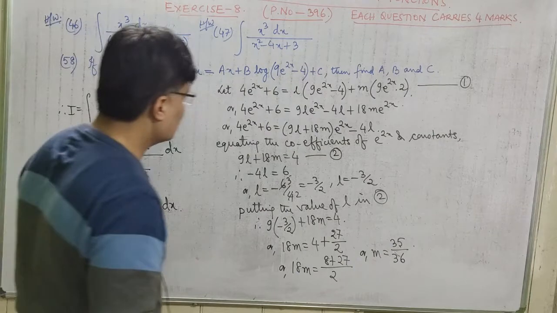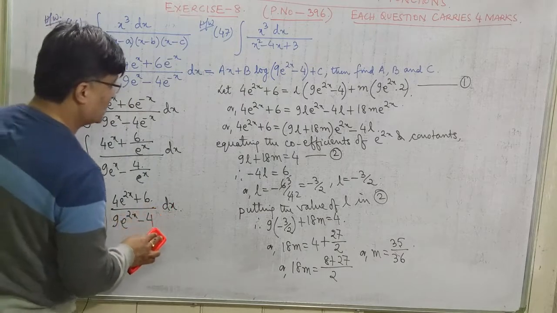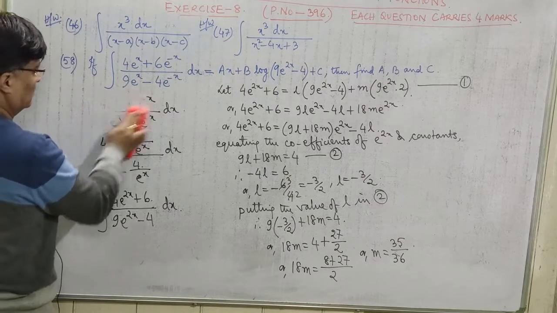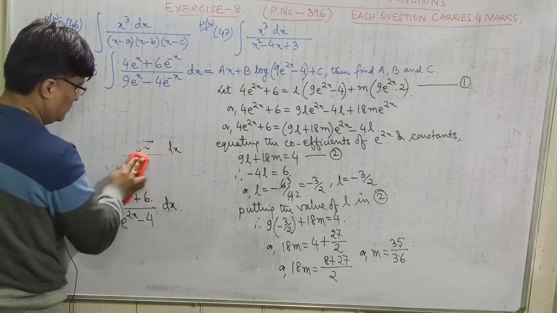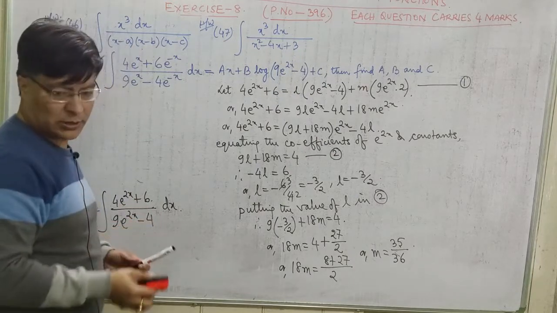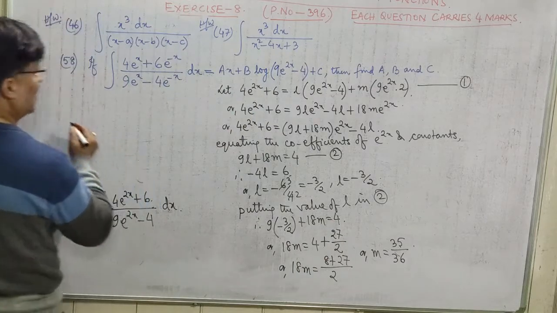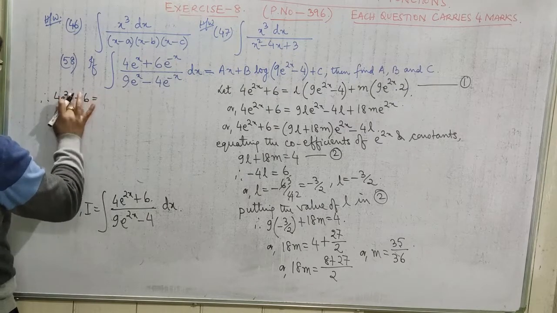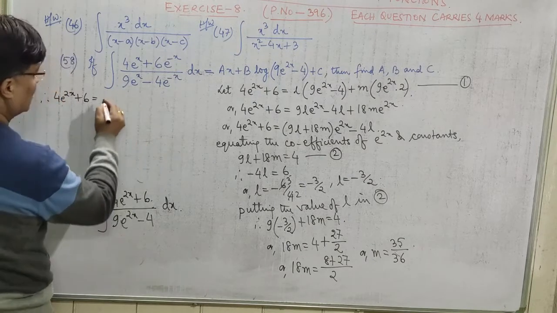Okay. So let us put those values of L and M in 1. So number 1 now becomes, therefore 4 e to the power 2x plus 6 is equal to, what is L here?